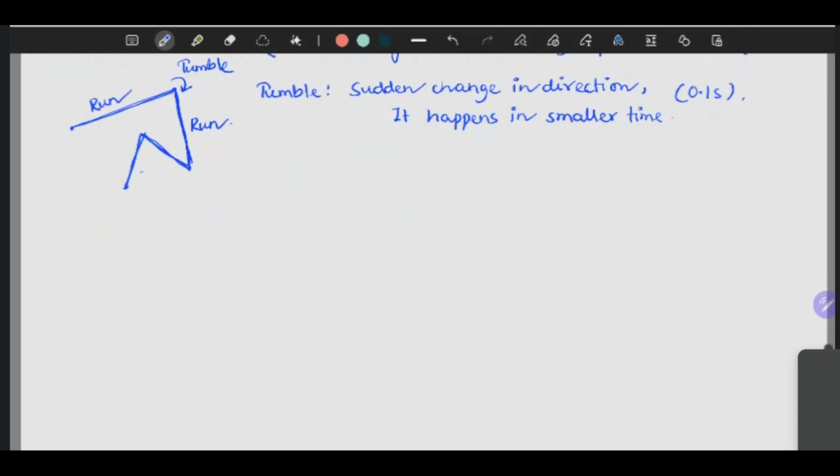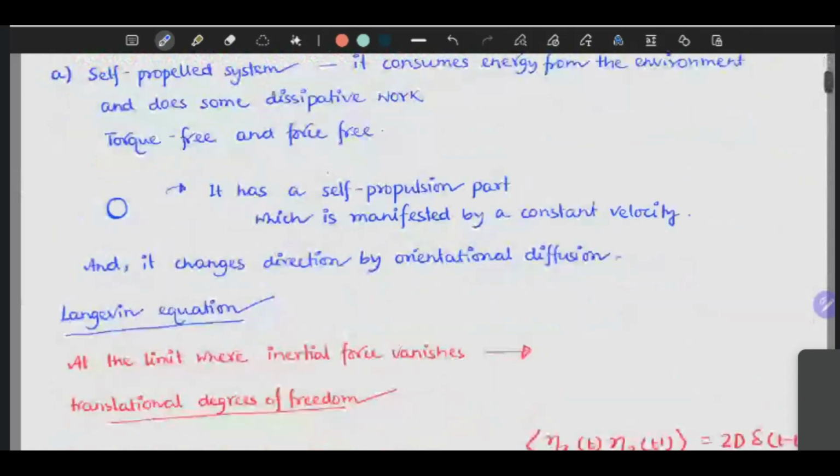So here the change in orientation is abrupt and discontinuous. Okay, so that is the difference between run and tumble and active Brownian particle.